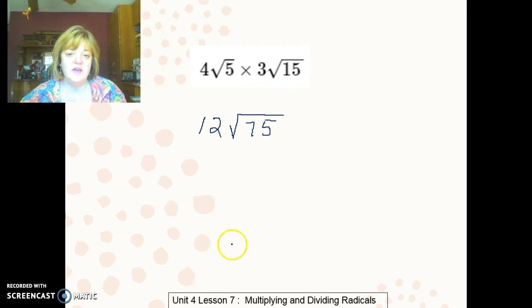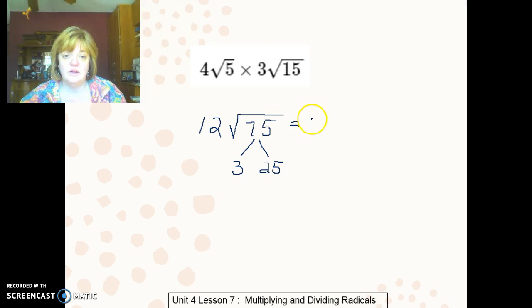Now 75 looks like a pretty good number, however, 75 has a lot of factors, and we can simplify it. So let's do our factor tree like we were doing before, and do the smarter, not harder thing. If you think about 75, think about perfect squares. What perfect square can you see in 75? I can see 3 times 25, and 25 is a perfect square.